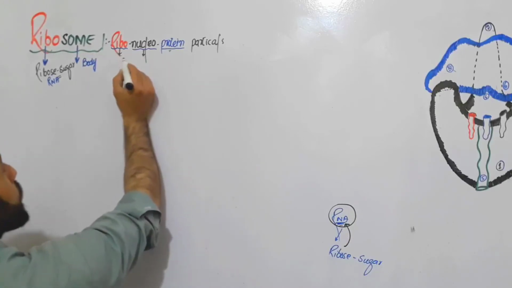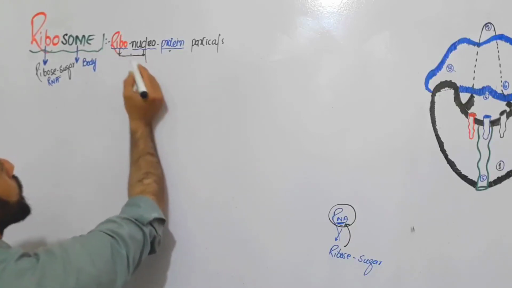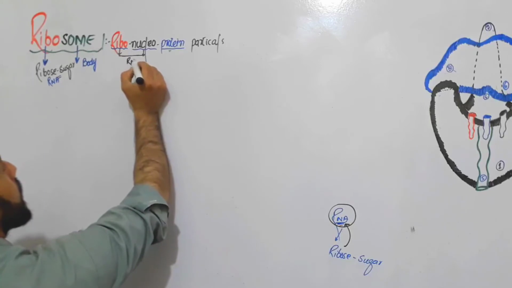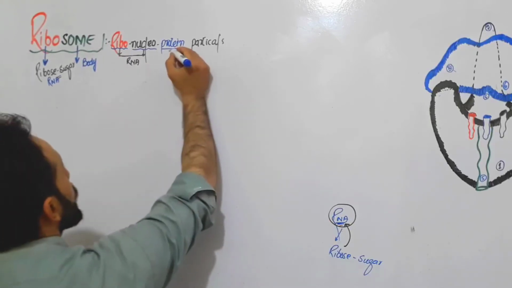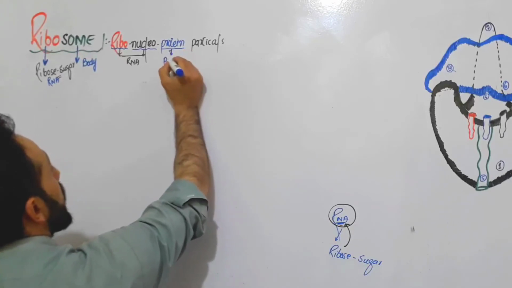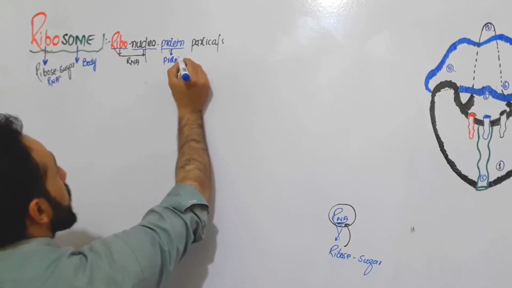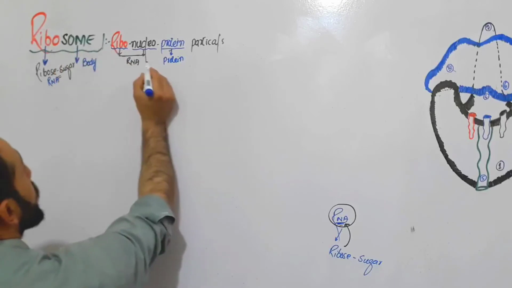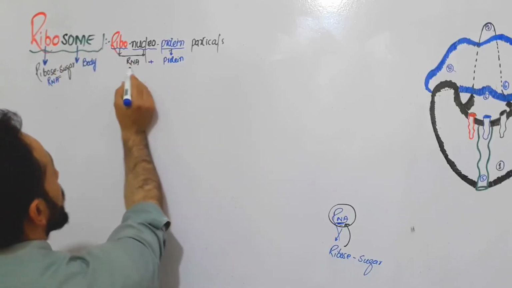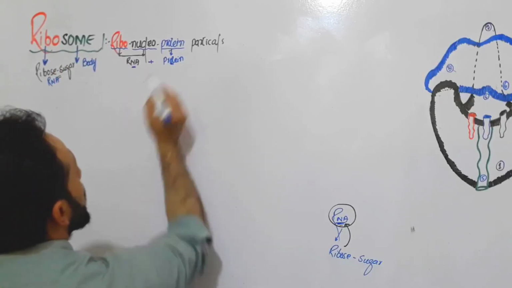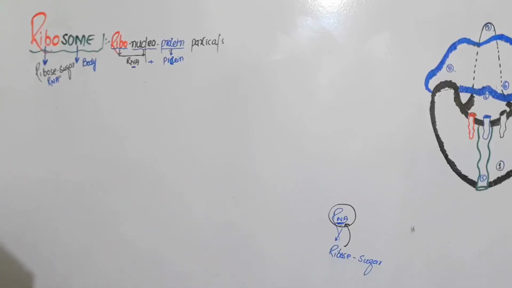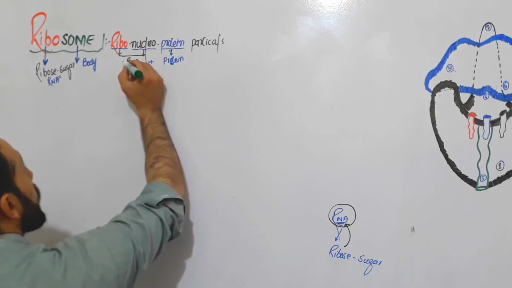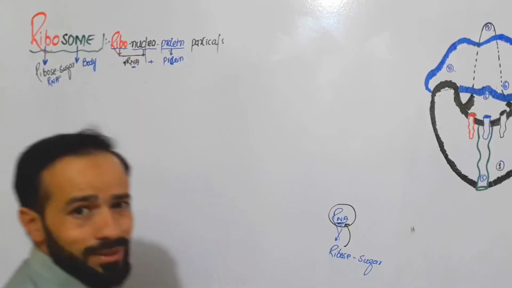So ribonucleo refers to RNA, right? And protein refers to protein. That's very simple. It means the ribosome is made up of these two important factors, the RNA and the protein. And which RNA are we talking about? We are talking about rRNA, or ribosomal RNA.